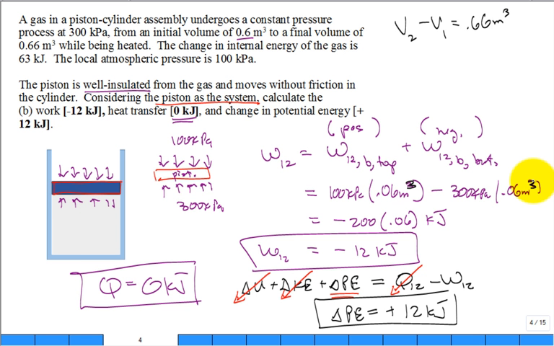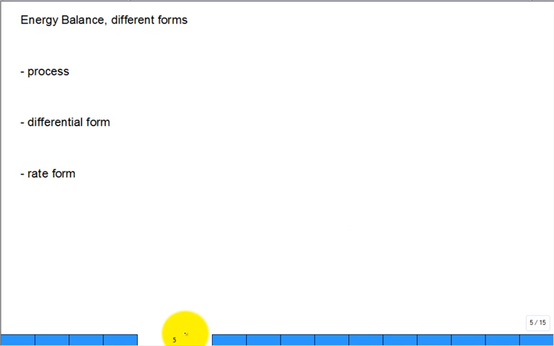Any other comments, questions? Let's go on. We can write the energy balance in multiple different forms for the process. Can you write it for a process? Sure, we just did. The change in the total energy, which has 3 components that sum up to the total energy, is Q 1 to 2 minus work 1 to 2. What is a differential form?